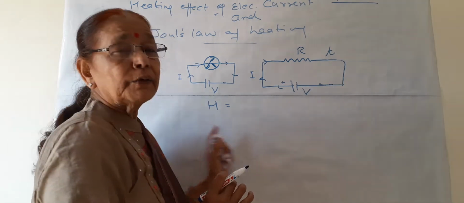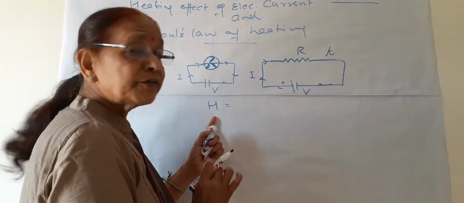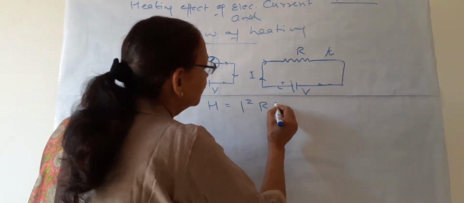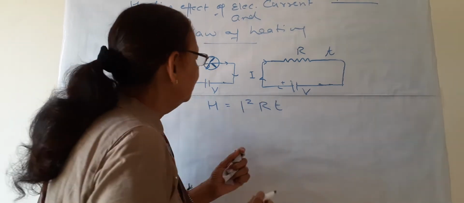This equation is given by Joule. H is for heat energy. It is equal to I square R T.